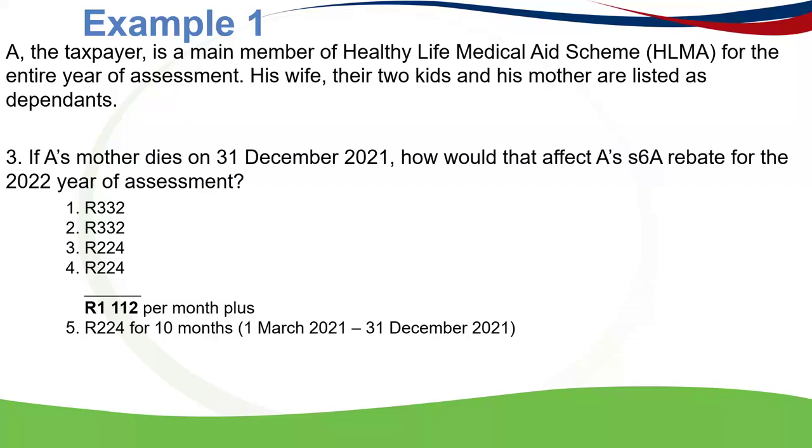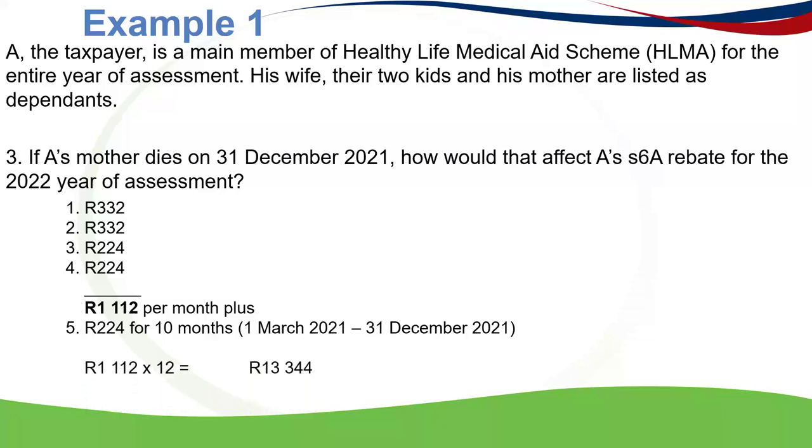the 31st of December 2021, and if we count that, that will be 10 months, being March, April, May, June, July, August, September, October, November, December. Right. Remember, the year of assessment of a natural person begins on the 1st of March and it ends on the last day of February each year.